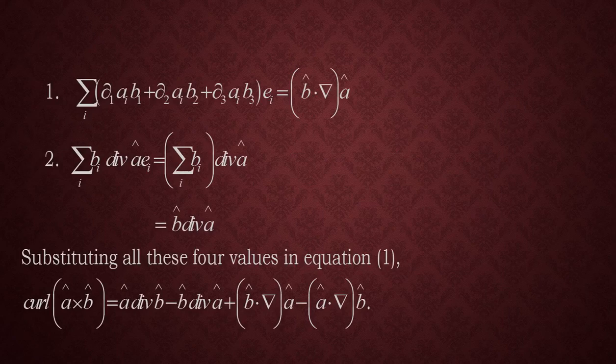Now we have to take the third term from the Ci and then multiply it with Ei. After that we take the summation over i.